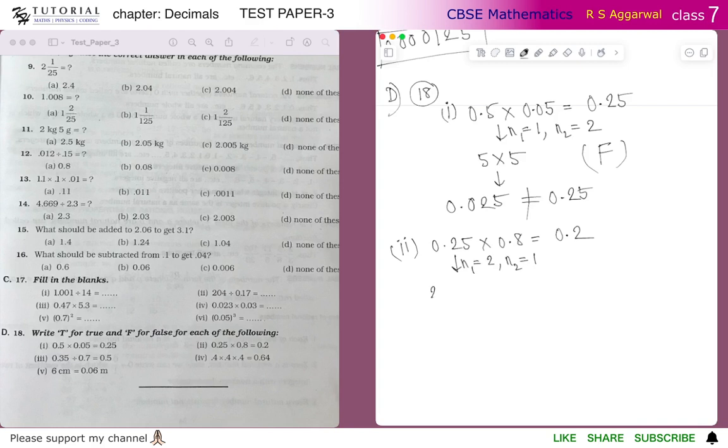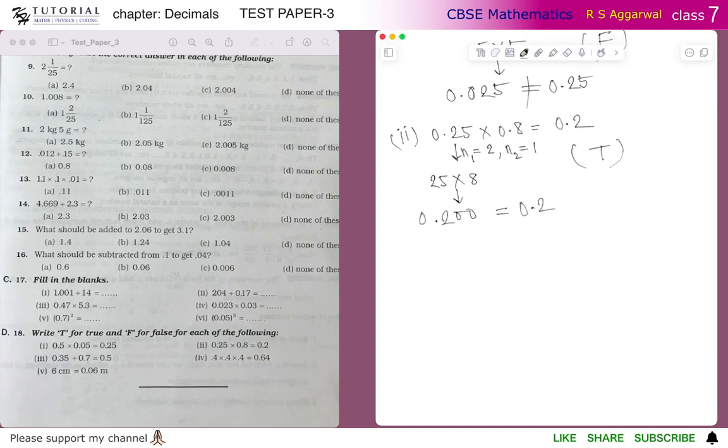This becomes 25 into 8. This is 200. Now in 200 we have to put the decimal point in such a way that its decimal places becomes n1 plus n2, that is 2 plus 1, that is 3. So this will be 0.200, which is equal to 0.2, and this is a true statement.